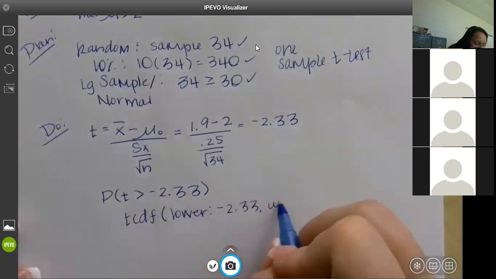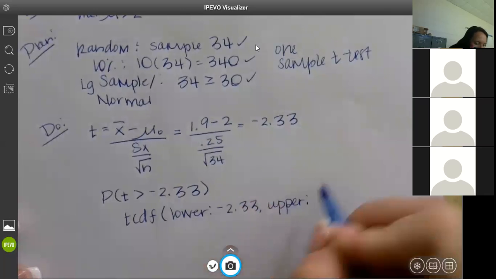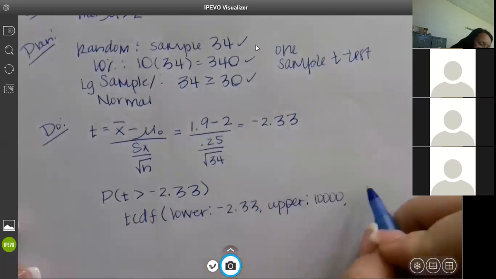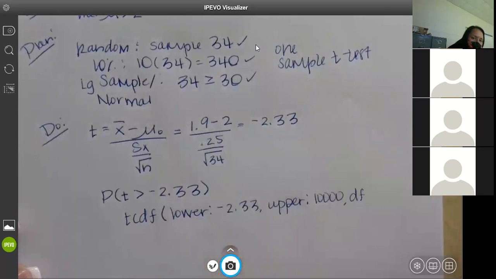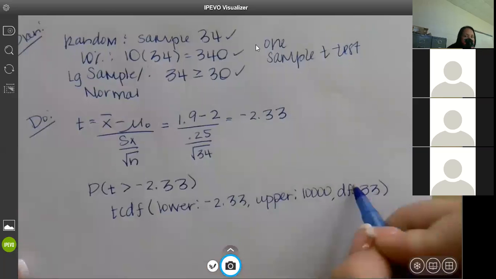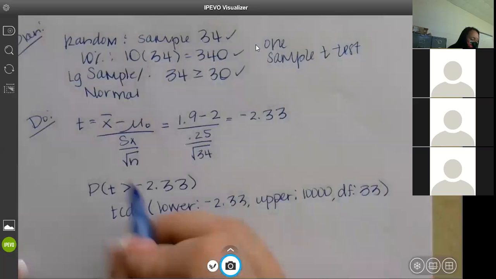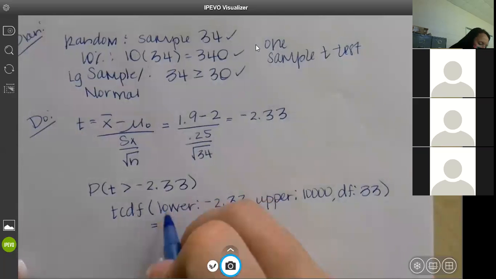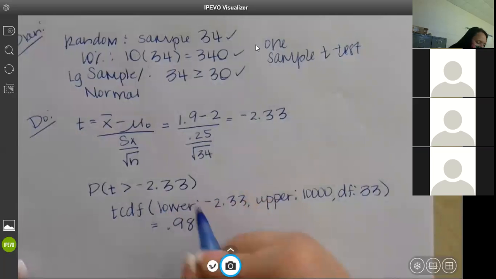What's our upper going to be? And then our degrees of freedom are 33. This gives you a one-sided p-value of 0.9869.